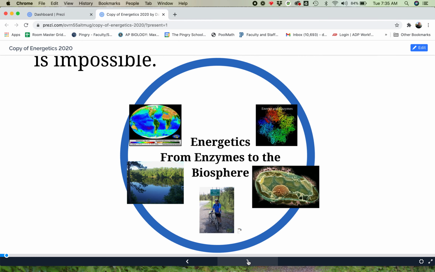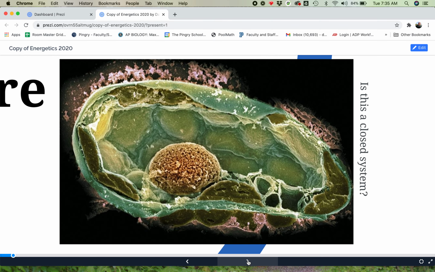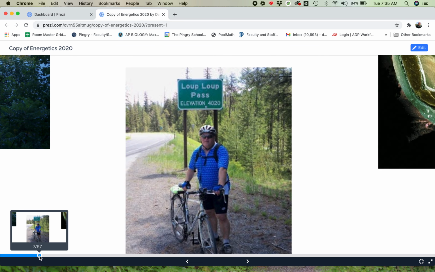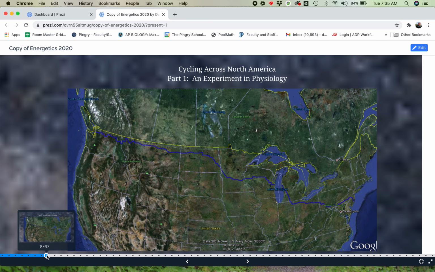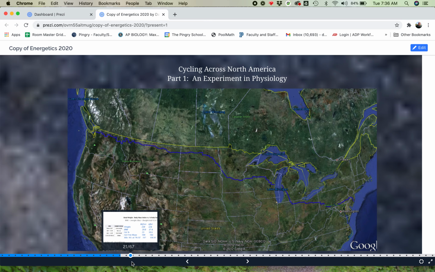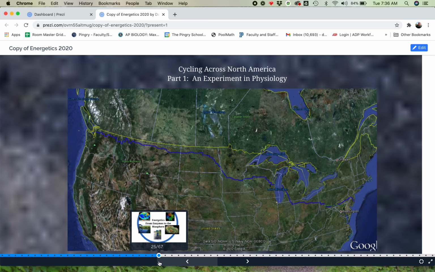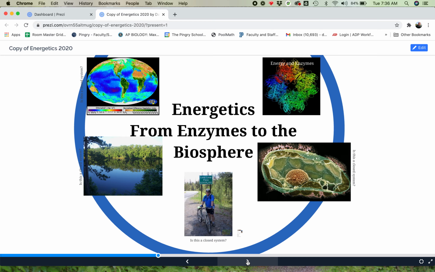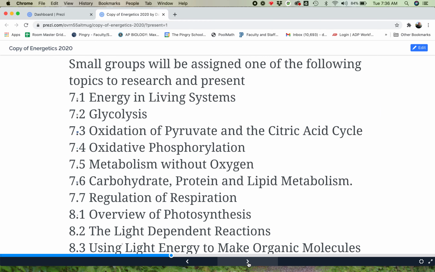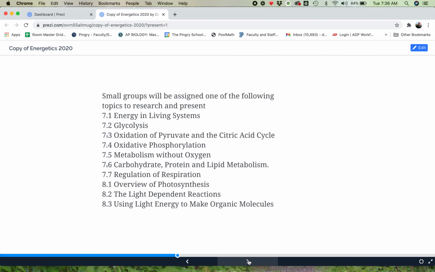We've looked at it from a lot of different levels so far, and I'm just gonna kind of scream through some of these slides here. We talked about my ride, and we'll skip over that, back to this, and then we started to look at it from the cellular level, and here are some cellular or molecular level things that we need to look at.